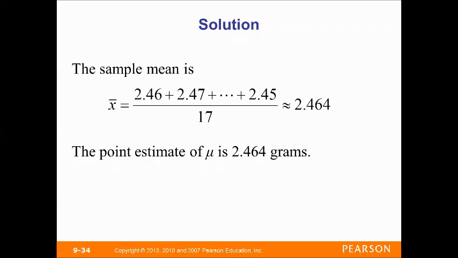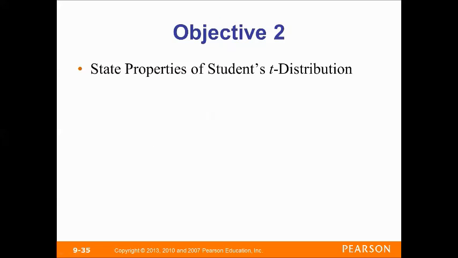Because we have different point estimates, what we would like to do is take into account the variability and come up with the most likely scenarios for what range of values the population mean might lie in. In order to do that, we have to introduce something called the student's t-distribution.